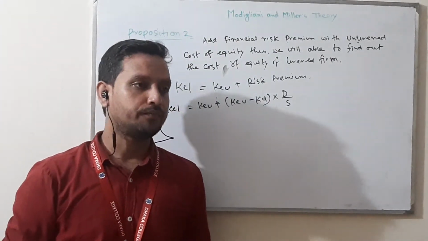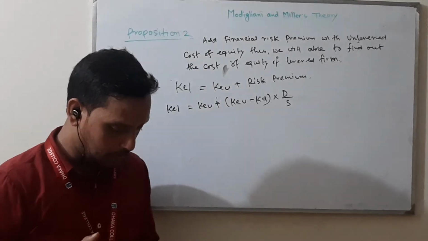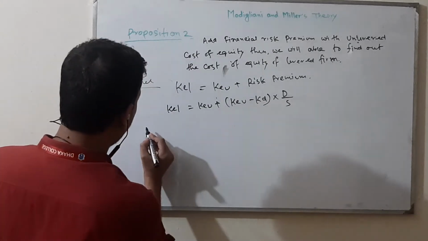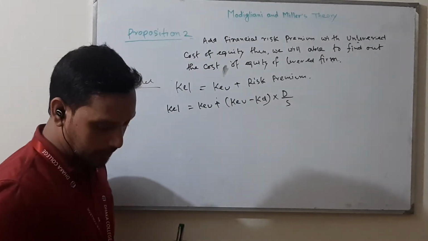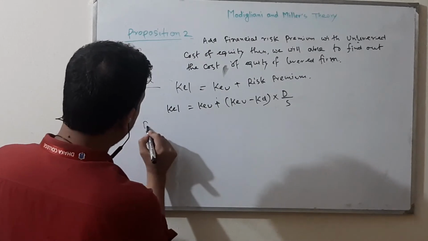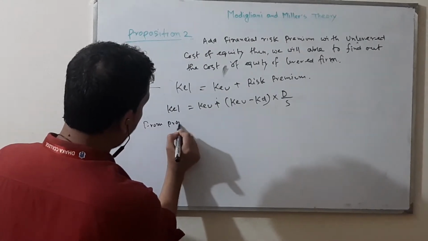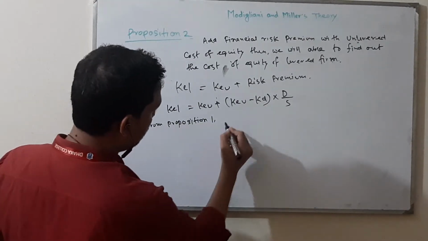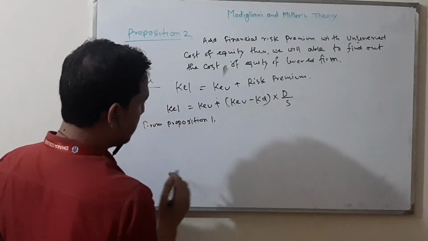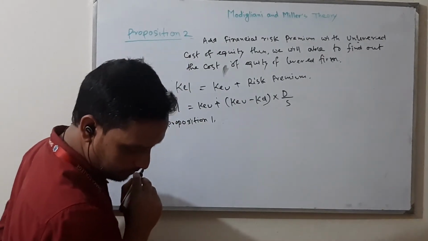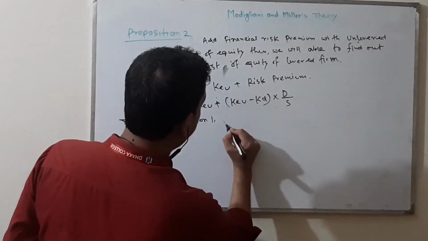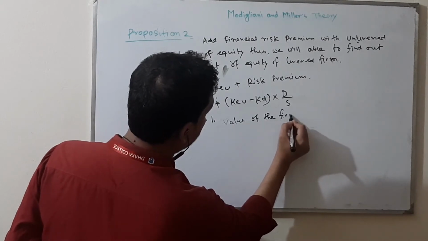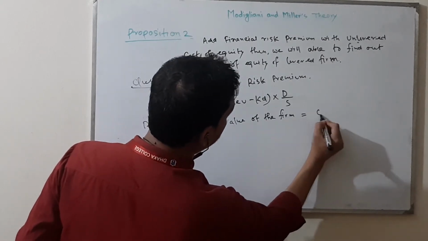So please, from proposition 1, just as we learned, from proposition 1 we get the value of the firm. The value of the firm is 6 lakh taka.